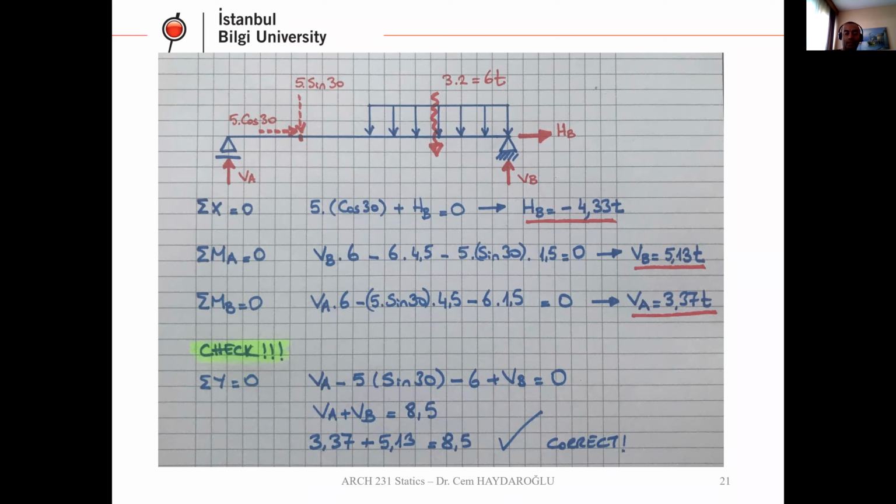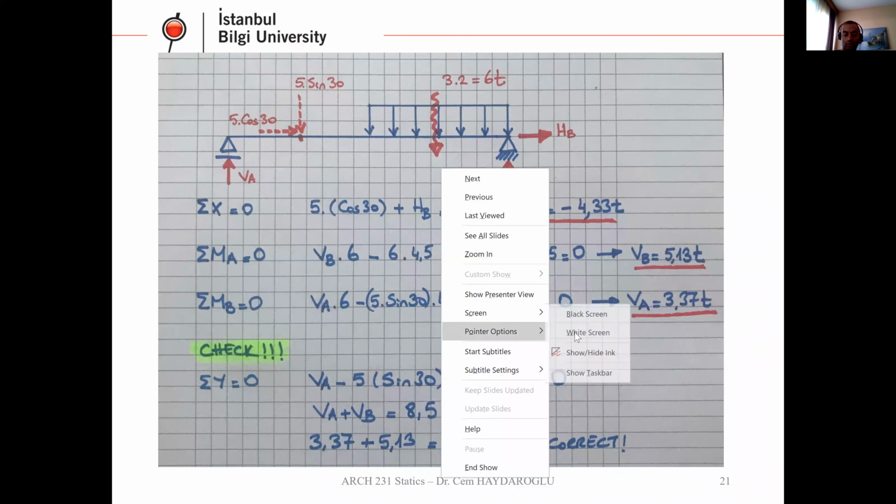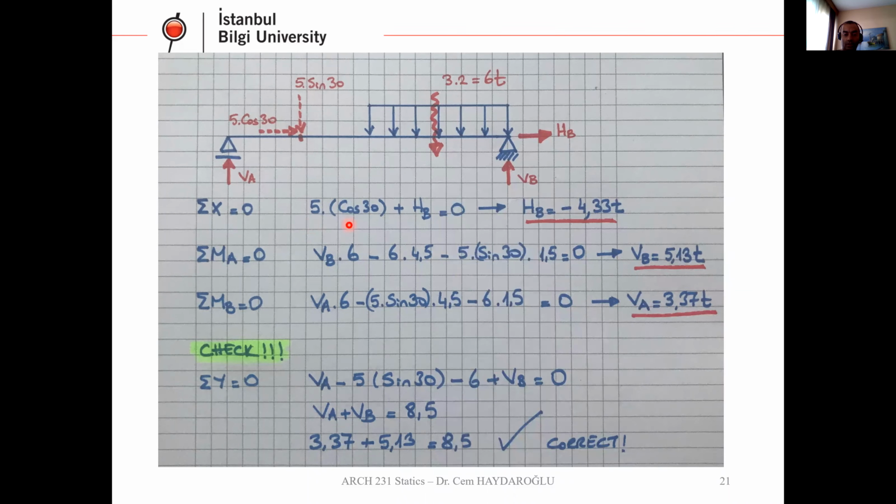Let's get started from X. Let's calculate HB. Total X equals 0. So you can see in the X direction, we have a lateral force, which is in positive direction. HB, I don't know if HB is positive or negative at the beginning, so I select the positive X direction.